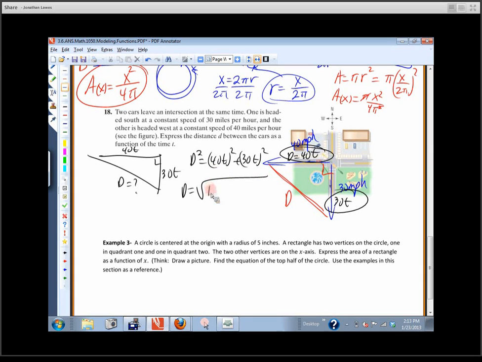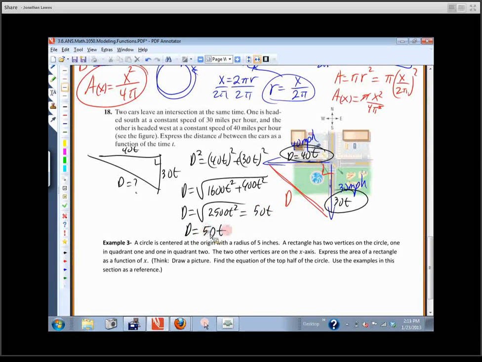But this is going to be 1600t squared. This is going to be 900t squared. What do I get? 2500t squared. And what's nice about 2500t squared in this particular problem? It's a perfect square. It's a perfect square of 50t. So the distance is 50t.